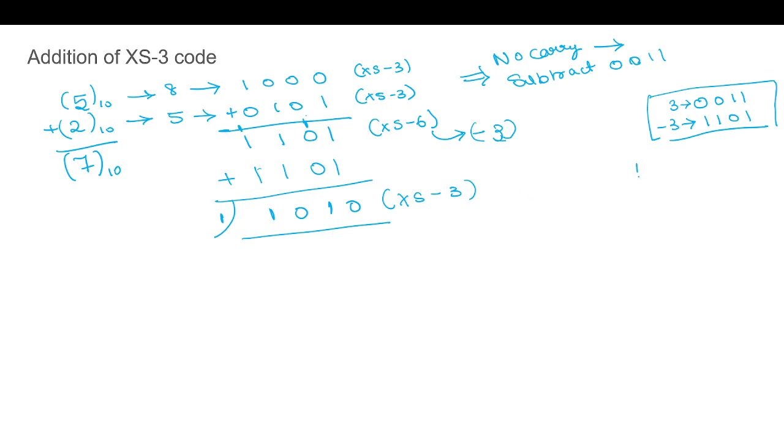Or if you want to directly subtract, this is equivalent to the subtraction. So 1 minus 1 is 0. Here you can't subtract, so we will borrow. It will be 2, and this will be 0. 2 minus 1 will be 1. So this is the subtraction.